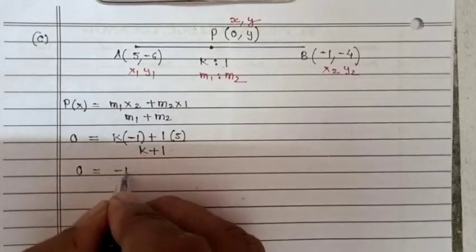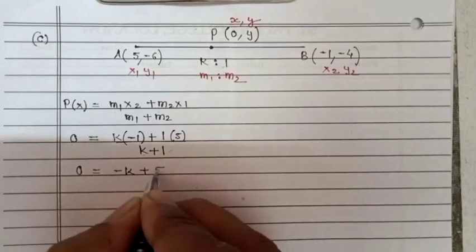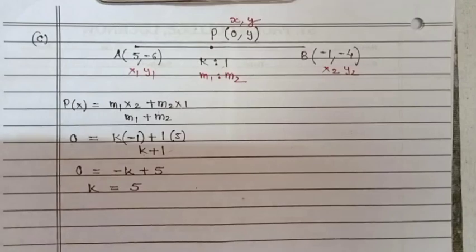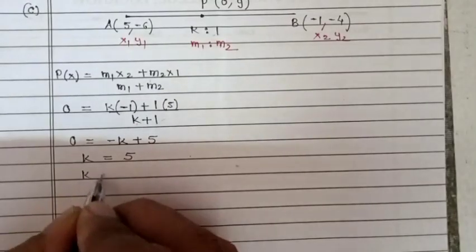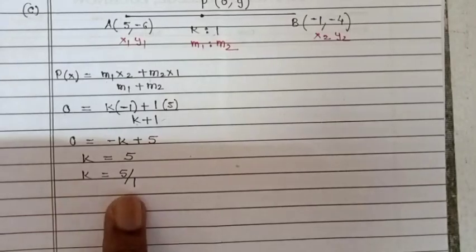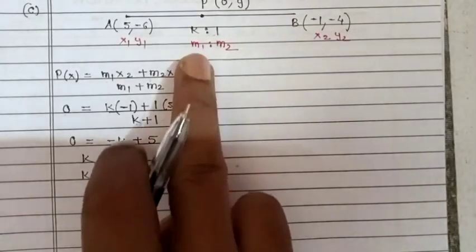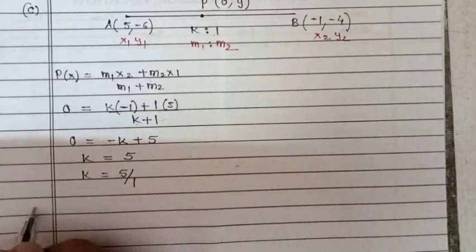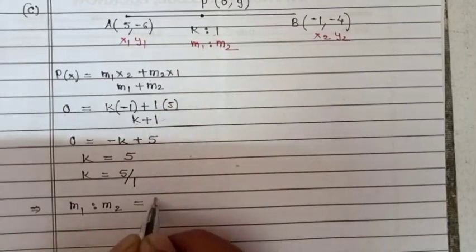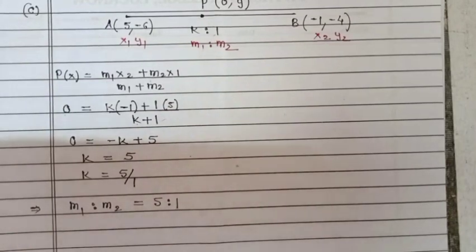On the right side it's minus k plus 5. So you are getting value of k as 5, or you can also write it value of k as 5 upon 1. So whatever will be the value of k, that will give you the ratio m1 is to m2. So here you can say ratio m1 is to m2 is equal to 5 is to 1. So this will be the ratio.